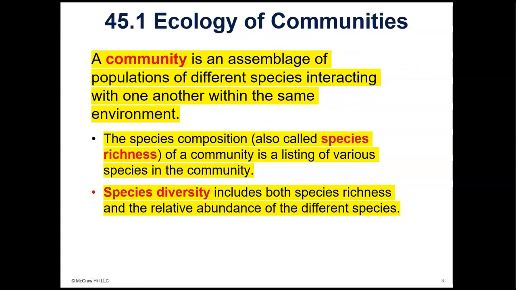We learned that in Bio 111 in the very first chapter, because when we're learning the levels of organization, after you learn about populations, a population is members of the same species living in a habitat together. Well, the community is all the populations in that ecosystem or in that location that live within that same habitat.